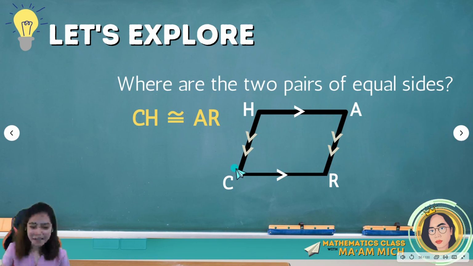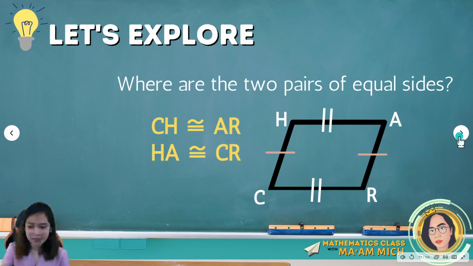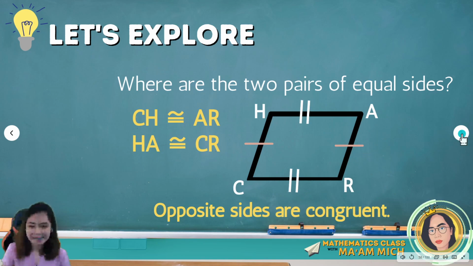Okay, so we have here side CH is congruent to side AR, and HA is congruent to side CR. Opposite sides are congruent. This symbol means congruent.